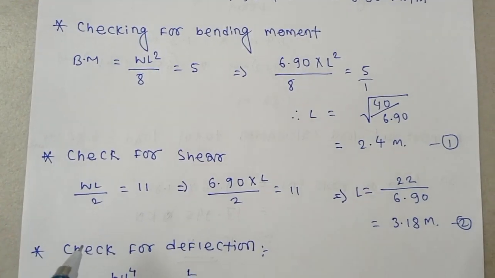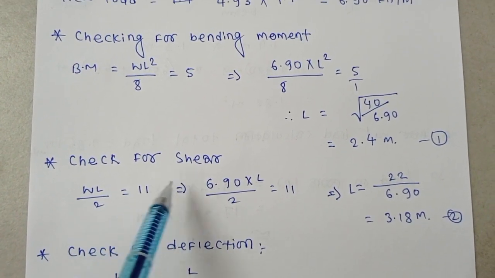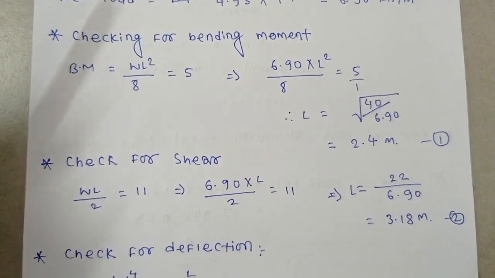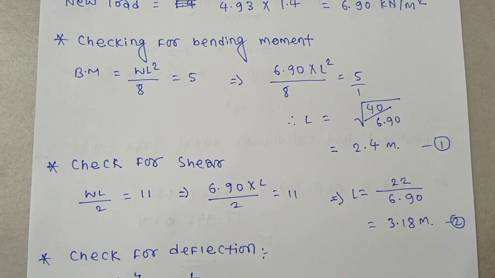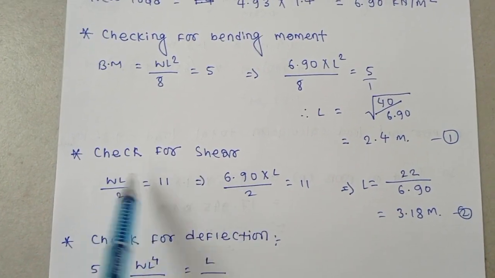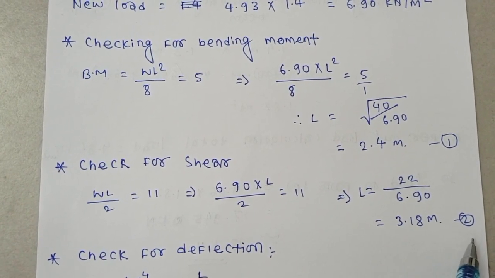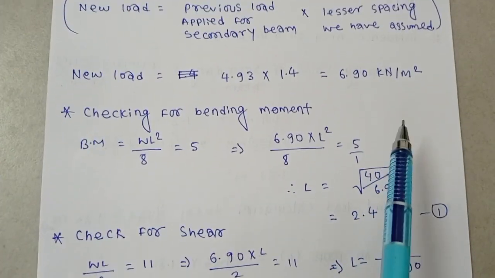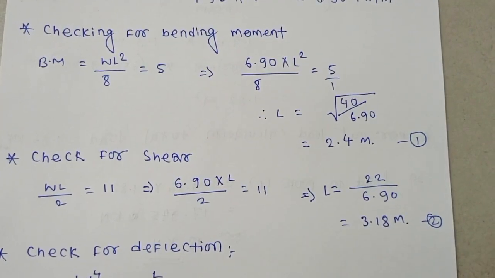Check for shear: WL divided by 2 equals the shear value, which we assume as 11 kilonewton. We put the same values, load is 6.90 and L equals 3.18, taken as equation 2. This is equation 1, 2.4 meter, and 3.18 meter for equation 2.